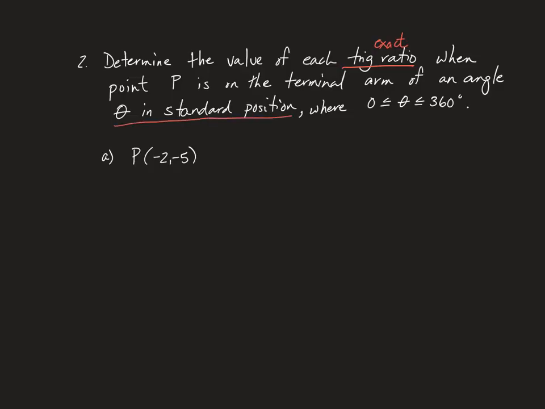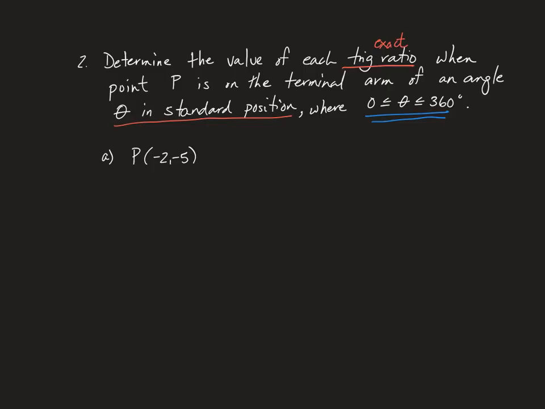And so since my angle is being created in standard position, I know that I'm beginning to rotate from my positive x-axis. And lastly, and a very important statement, I've been told that theta has to be greater than or equal to 0 and less than or equal to 360 degrees.